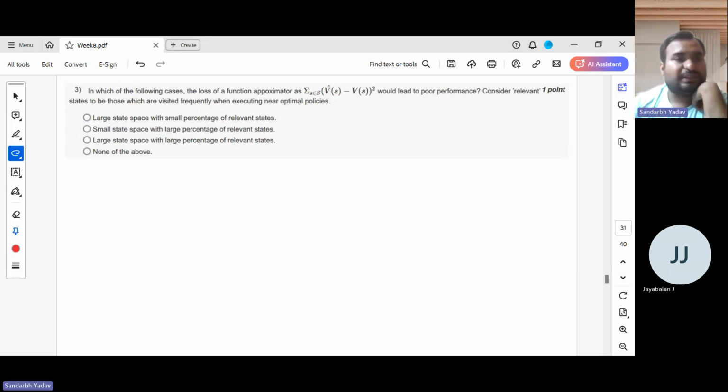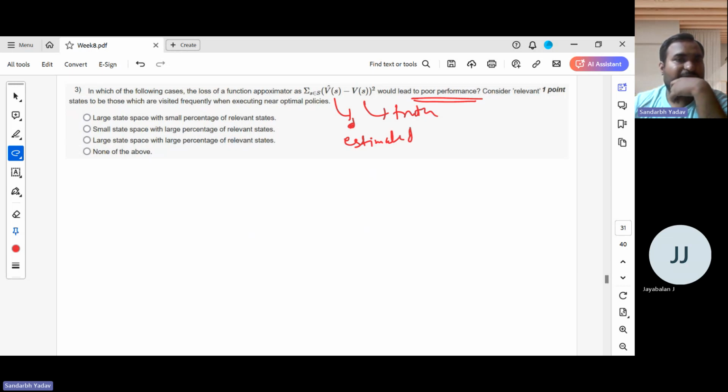So the next question says this: in which of the following cases will the loss of a function approximator, approximated as this, so this is our estimate, and this is the truth, lead to poor performance?